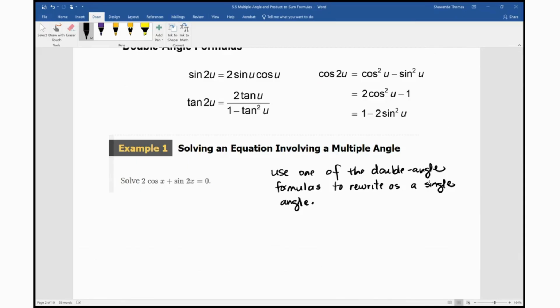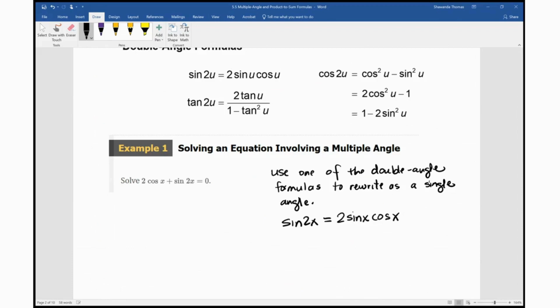So for example, sine 2x. I'm using x because that's what the problem is saying. I'm going to convert it to x instead of u's. Sine 2u is 2 sine u cosine u. So sine 2x must be 2 sine x cosine x.